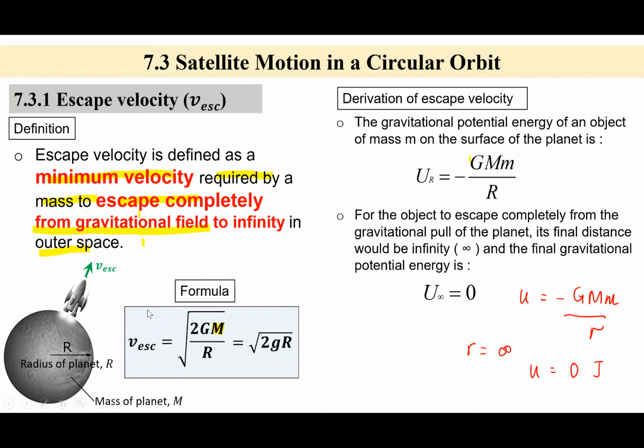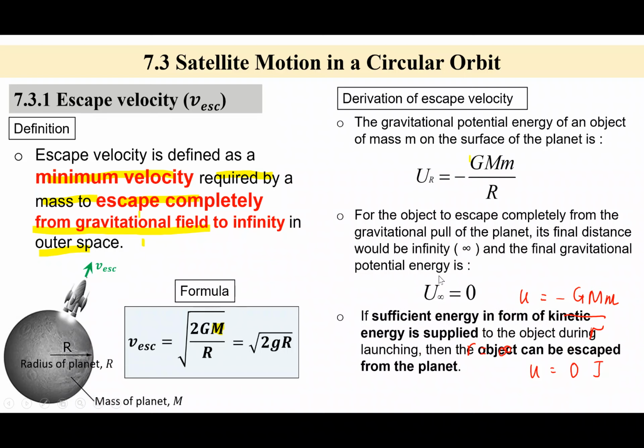Bila objek tu dah keluar, kita assume that distance adalah infinity, so kita punya potential energy akan jadi kosong. So energy yang kita perlukan untuk keluarkan objek tu daripada surface bumi mestilah in the form of kinetic energy, sebab objek tu nak bergerak keluar kan, so energy yang kita supply adalah in the form of kinetic energy.